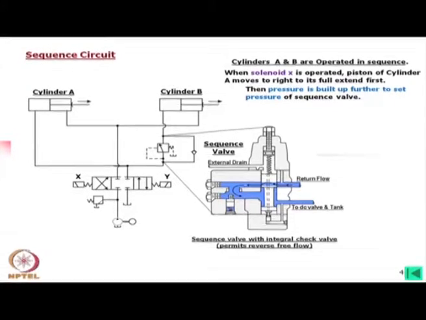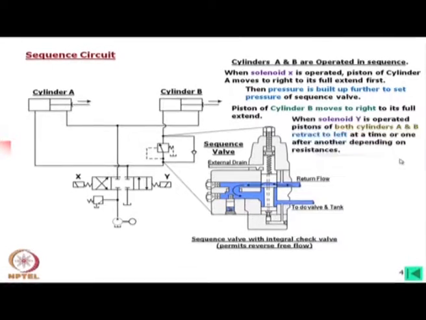So, oil will try to pass through this, but it cannot, it will move cylinder A to its extent position, and now pressure is building up. Once the pressure is built up, then oil will go through this, then it will operate B. The piston of cylinder B moves to the right to its full extent now.